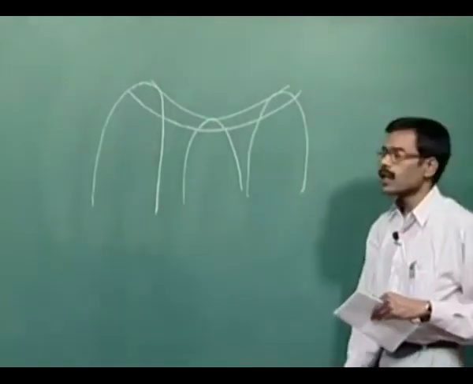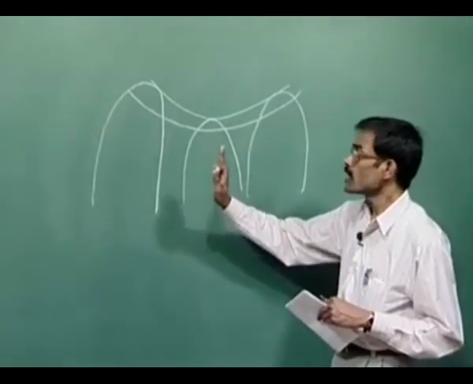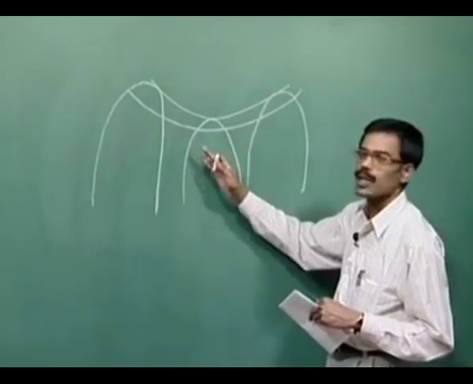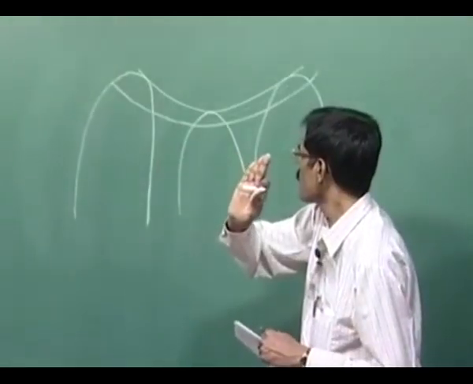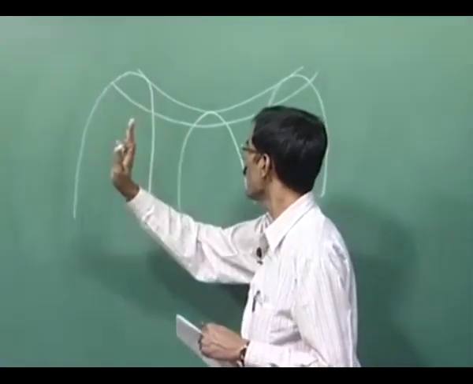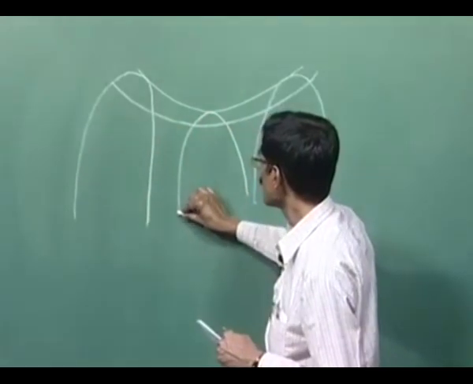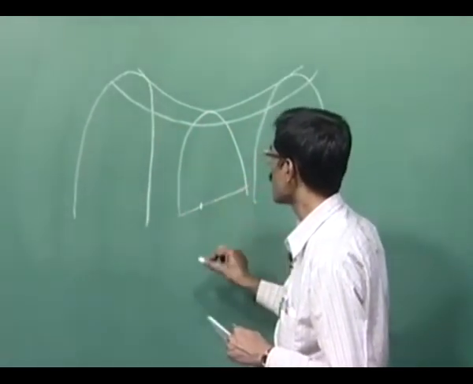So when you give a value to lambda mu in the lambda mu subspace, you are telling that we are going to cut here or here, in this direction. So suppose you are giving this value of lambda mu.